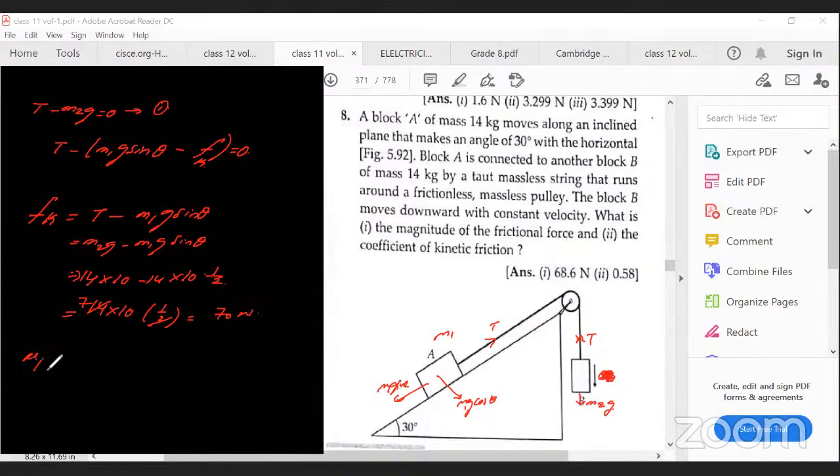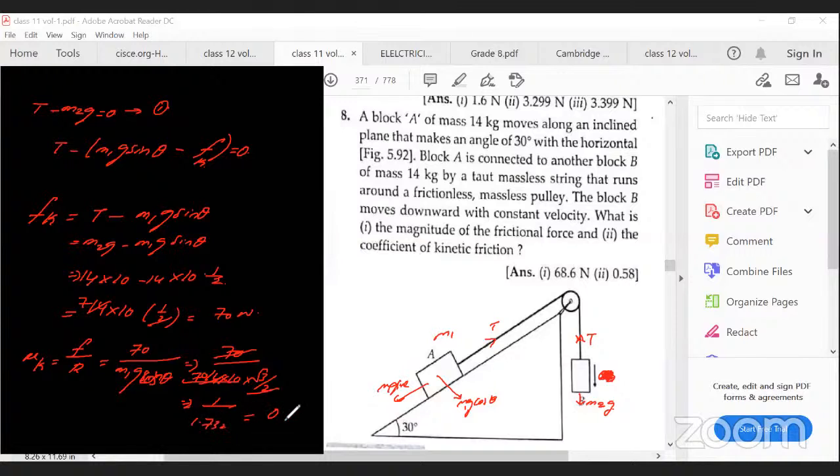Now for the coefficient of friction, mu k. Mu k is equal to F divided by the normal reaction. F is 70. The normal reaction is M1g cos theta. So 70 divided by 14 times 10 into cos 30, which is root 3 by 2. Solving it, 70 gets cancelled, so it is 1 by root 3, which is 1 by 1.732. If you solve it, you'll get approximately 0.58.